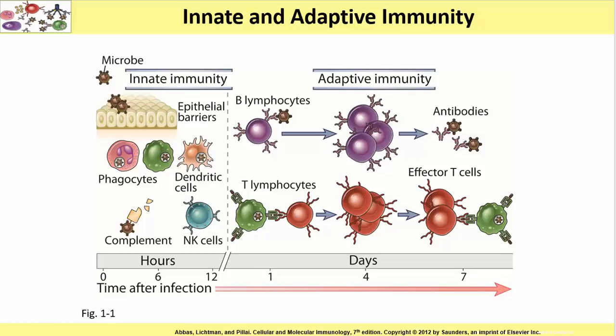The video previous to this was all about inflammation, but that's all considered part of the innate, non-specific. The adaptive immunity or the specific immunity has two different venues, as it were. One is antibody mediated or humoral immunity, and the other is cell mediated immunity.